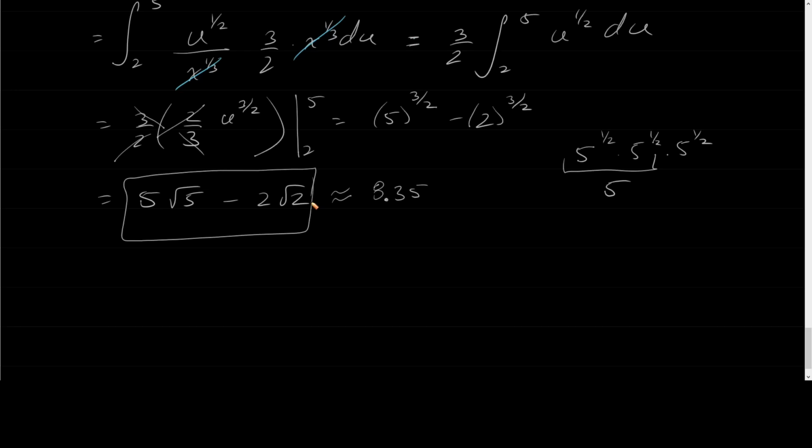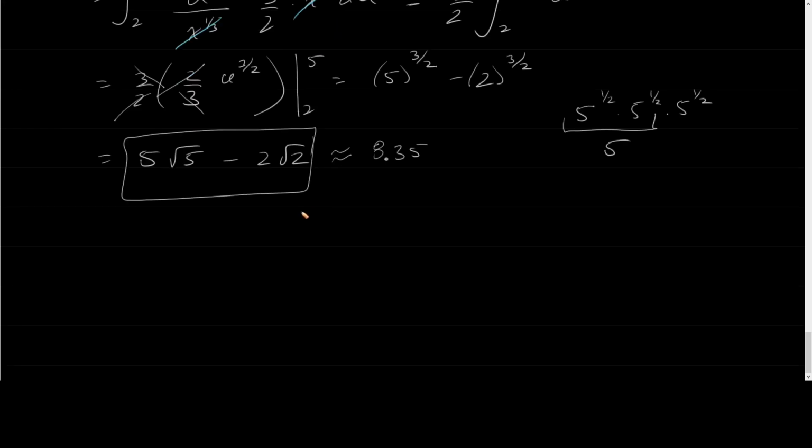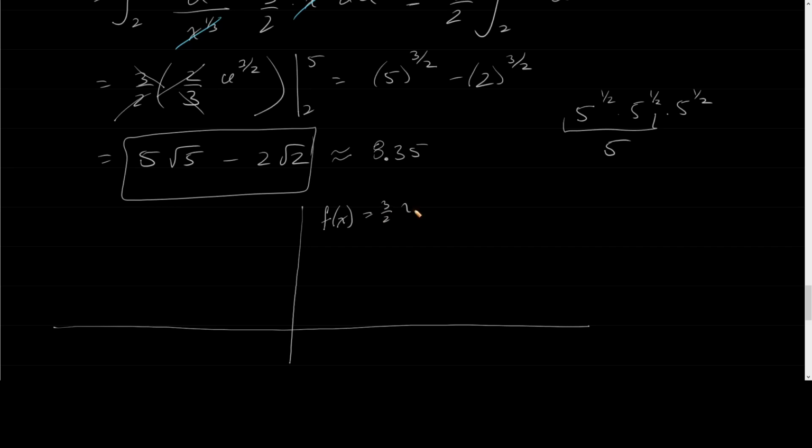So what did we find there? Well, that value, let's see. Let's get the visual for what we just found. This function, our function f of x, was 3 halves times x to the 1/3. Excuse me, to the 2/3. X to the 2/3. And what that looks like is as follows. Right?